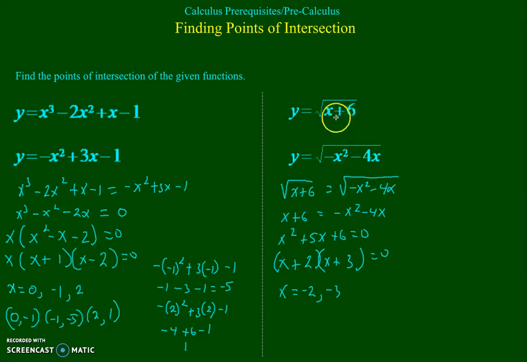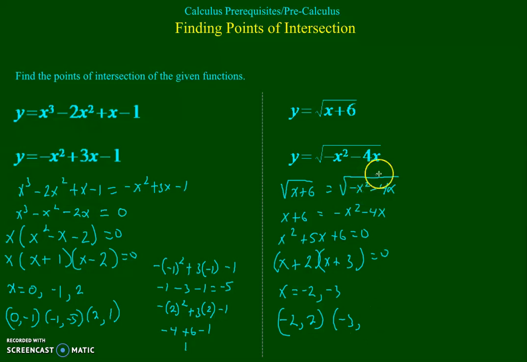Now we'll probably use this one. That's probably the easiest to get our result. So let's put in a negative 2 there. So negative 2 plus 6 is 4. Square root of 4 is 2. So this first point is going to be negative 2, 2. And the next point is going to be negative 3.